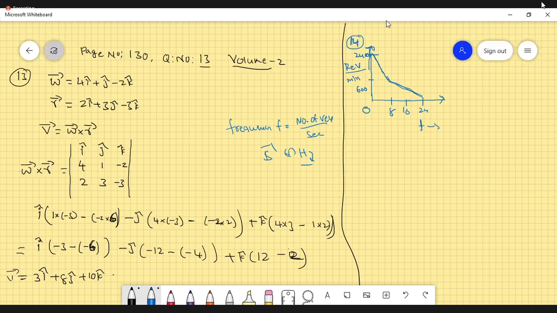So if revolution per minute and time they have given, if we calculate the area of that graph, then you will get the total number of revolutions.